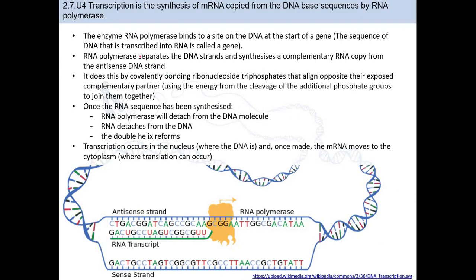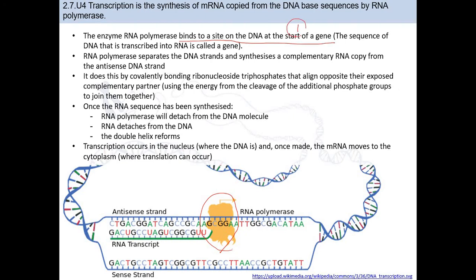Here we focus more on the function of the RNA polymerase in the production of the mRNA. If you look over here, you will see that this is the RNA polymerase. It is multifunctional and more complicated than DNA polymerase, and the reason is that RNA polymerase can do multiple functions, including binding to the site of the DNA at the start of the gene.